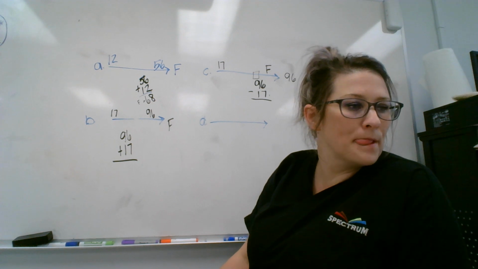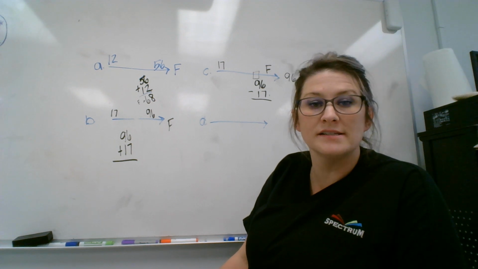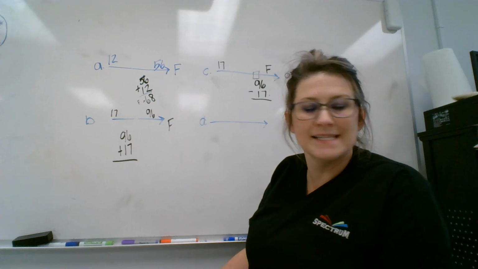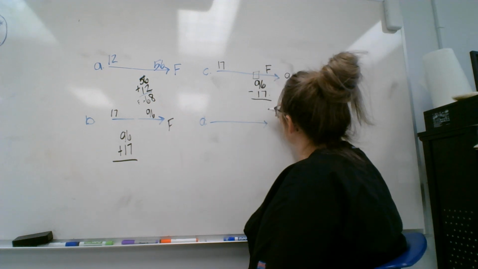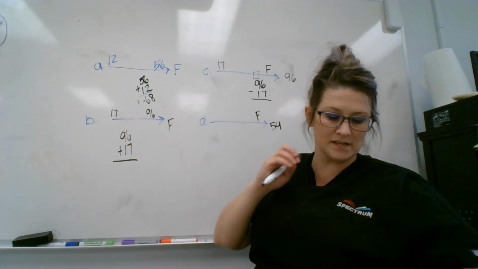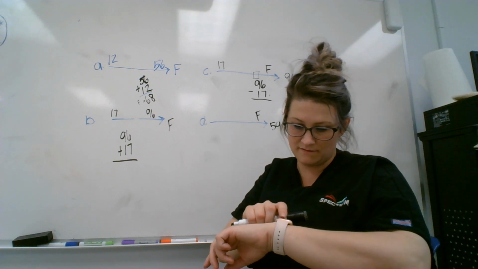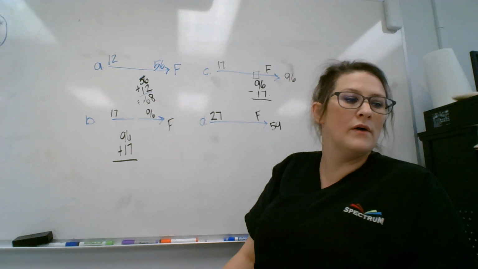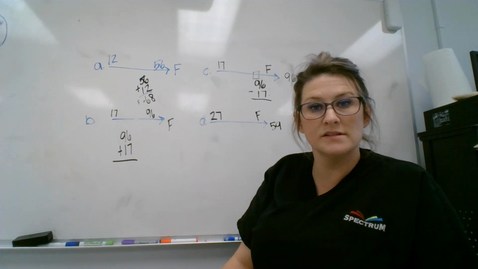Problem D. F is 27 less than 59. If I read it without the circled number, F is less than 59. So F goes here, and then 59 goes here. The difference number is 27. Now I'm missing a small number. So I have to find my small number.